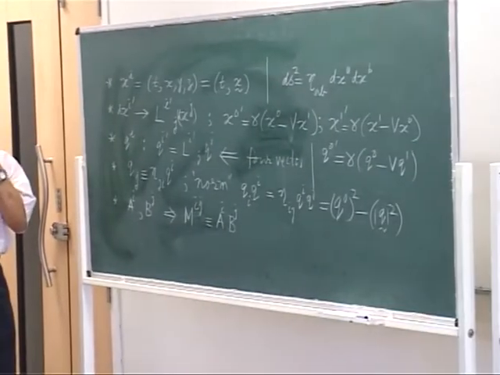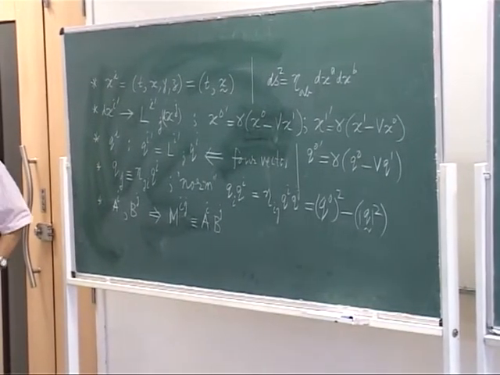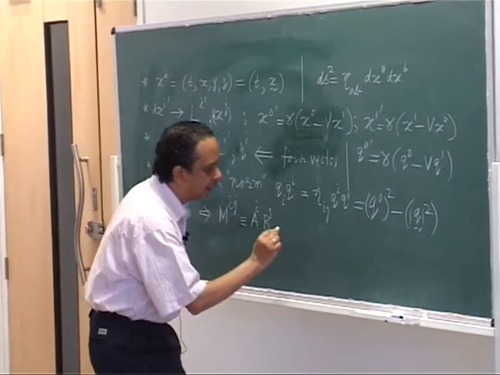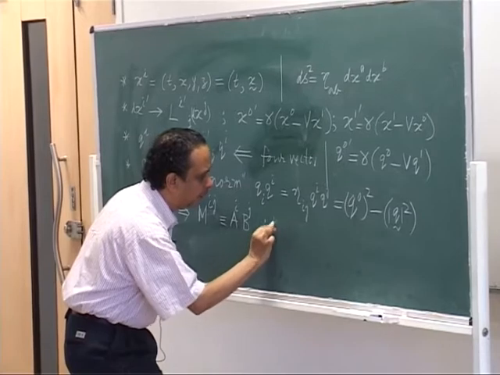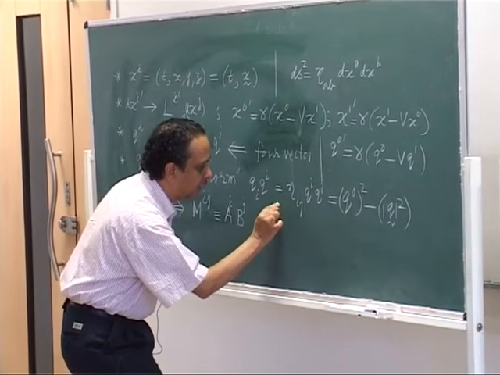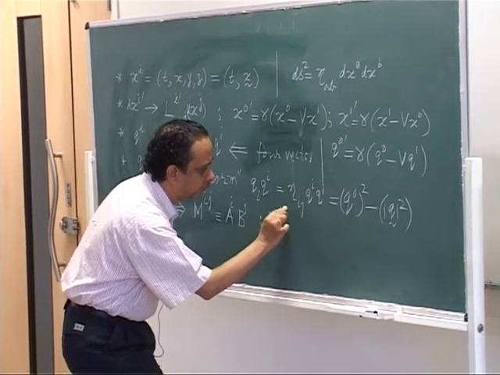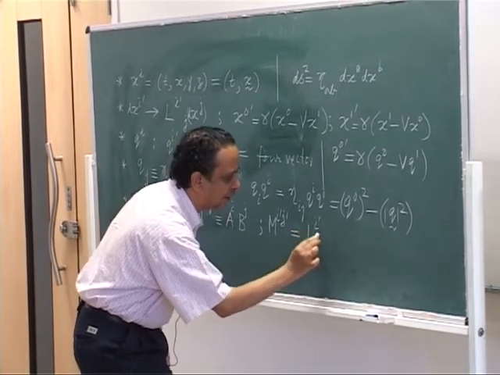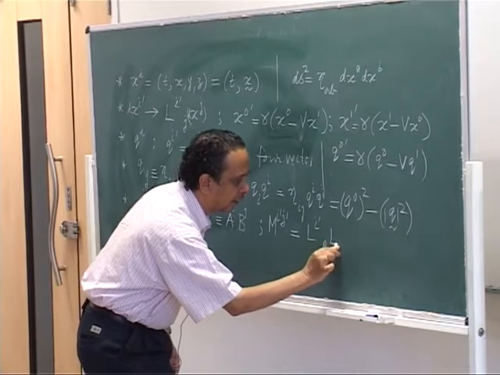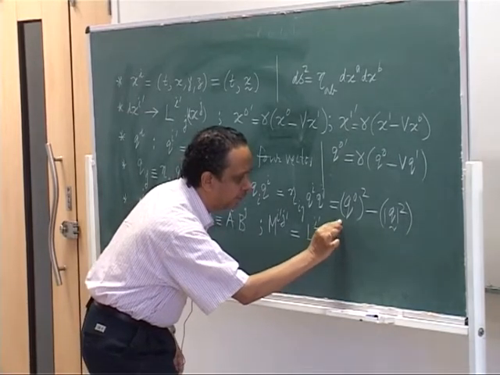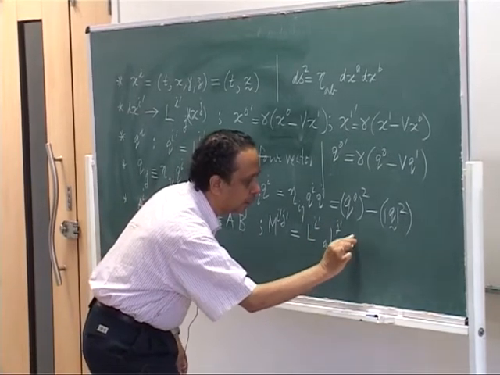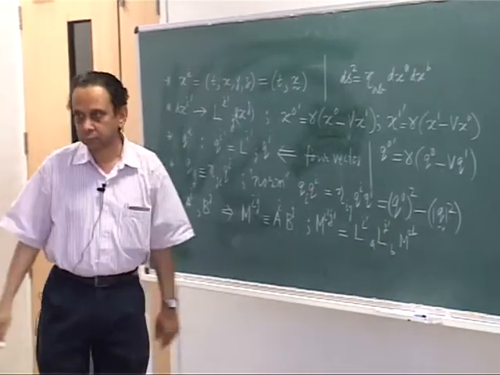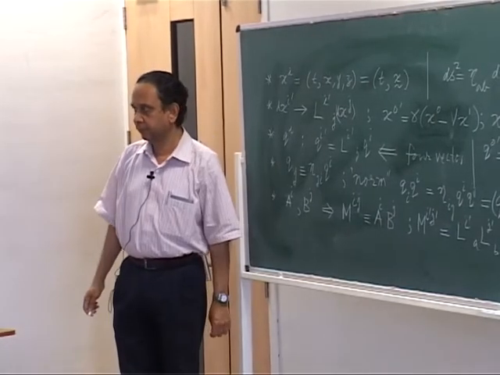how does this M^ij transform? That is very easy, because we know how a^i and b^j transform. So, we can immediately write down that M^i'j' is equal to L^i'_A L^j'_B M^AB, correct.